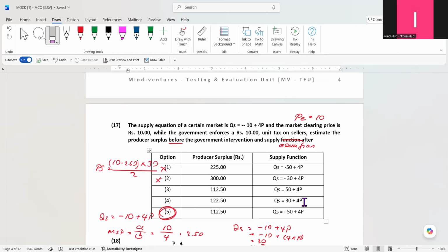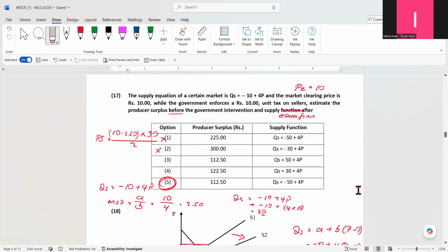While the government enforces a rupees 10 unit tax on sellers, estimate the producer surplus before the government intervention and the supply equation after. Surplus before, equation after. To estimate the producer surplus, we need the minimum supply price.